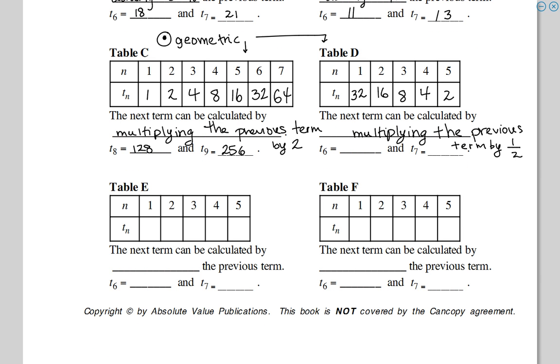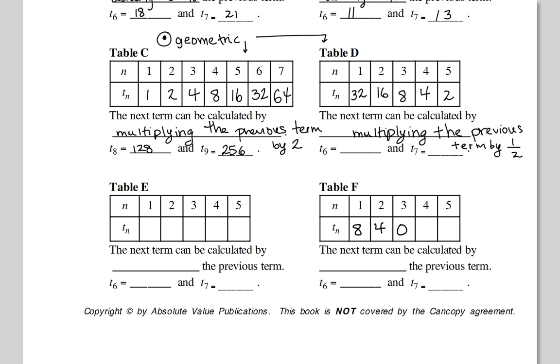Let's do table F. Table F is also going to be arithmetic, and I'll start it off for you: 8, 4, 0. So what are the next two terms? Are we increasing or decreasing? Decreasing. And are we adding or are we multiplying? We're adding. What are we adding to decrease?